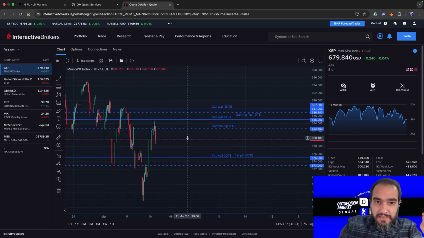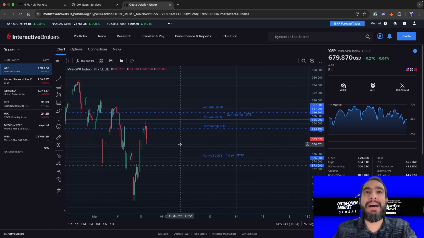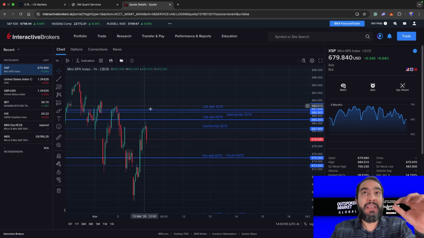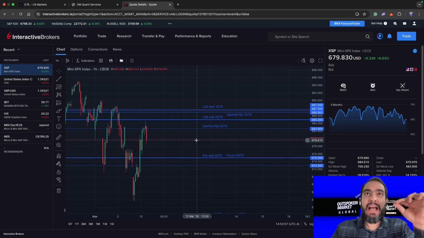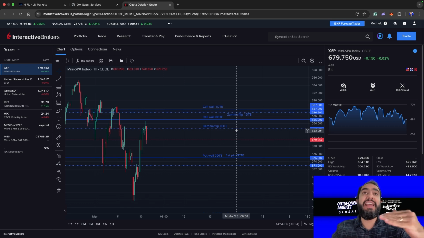The key element when thinking about the spot is: where am I in terms of gamma exposure? In the sense, are we in a positive GEX or in a negative GEX? This is the key. And why is that? When we are above the gamma flip, it means that we have switched regimes and we are entering the positive gamma exposure.